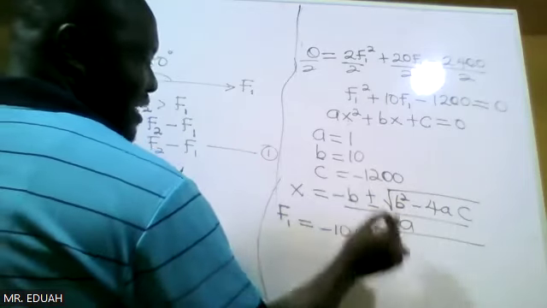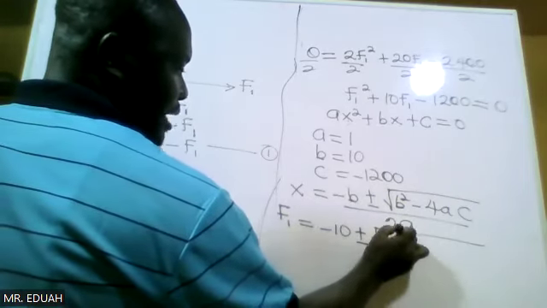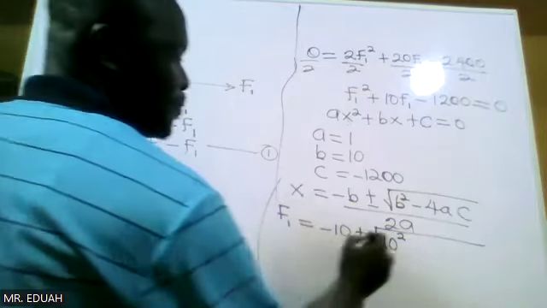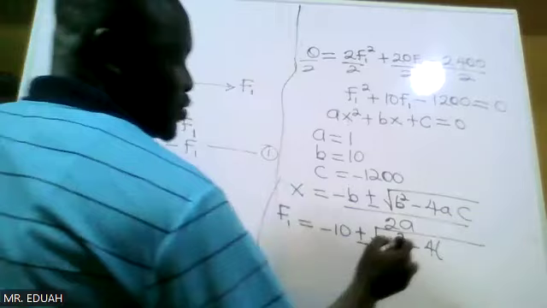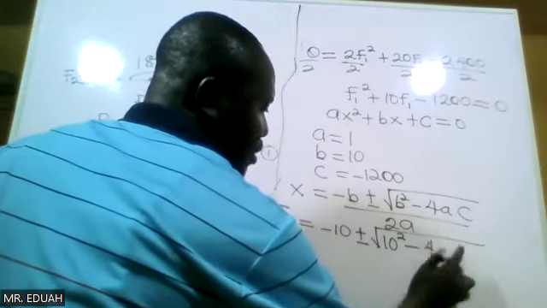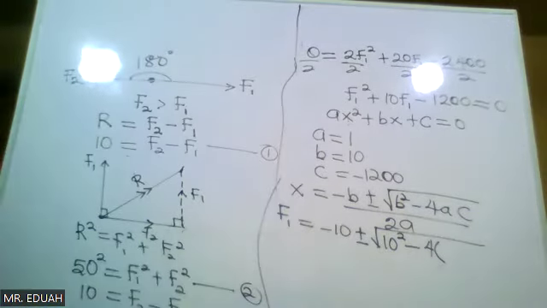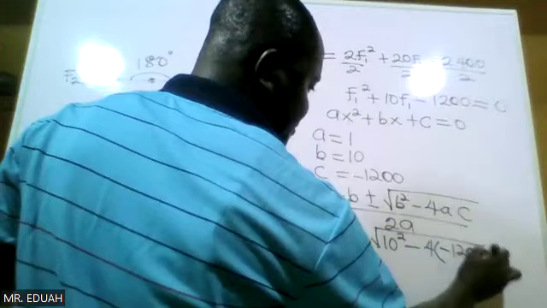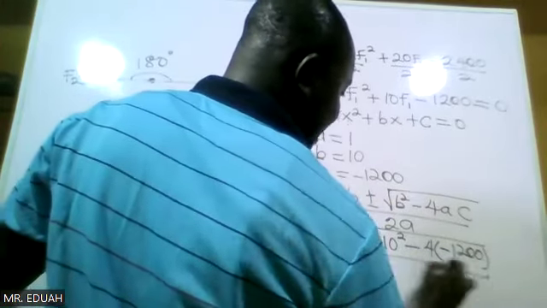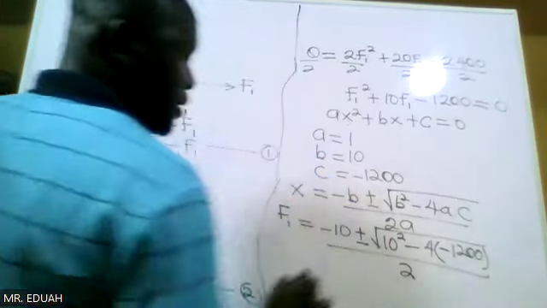So 10 squared minus 4 times a, which is 1. A, we wouldn't worry ourselves with because 1 will be the same thing. But c is negative 1,200, all divided by 2a. So 2, a is 1.